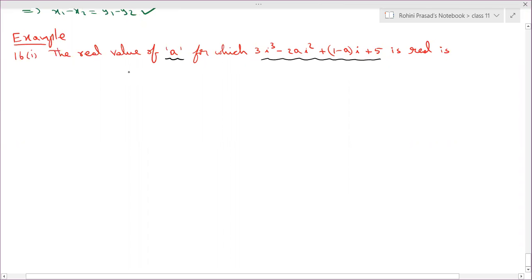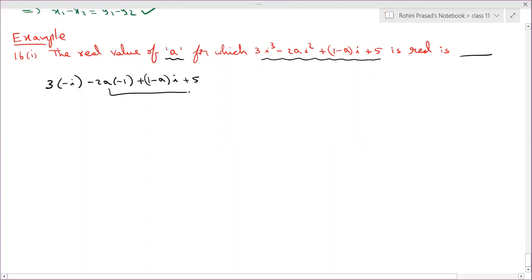So first let us convert this into a plus ib form. This is filling the blanks type question. So the 3 times of i cube is minus i and i square is minus 1, plus 1 minus a into i plus 5.